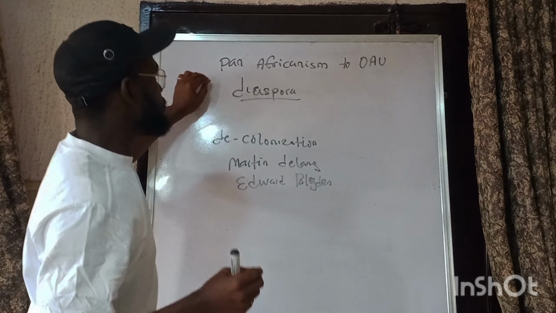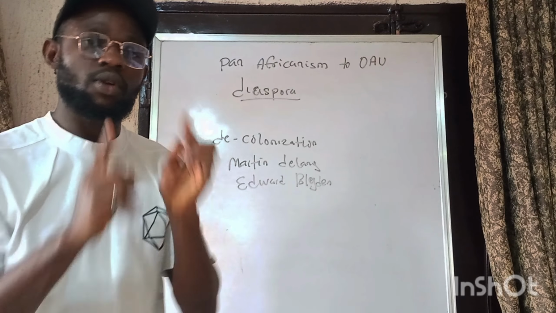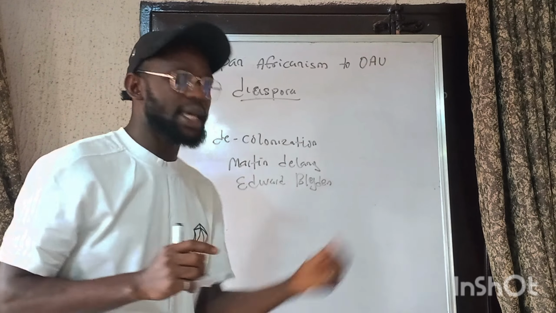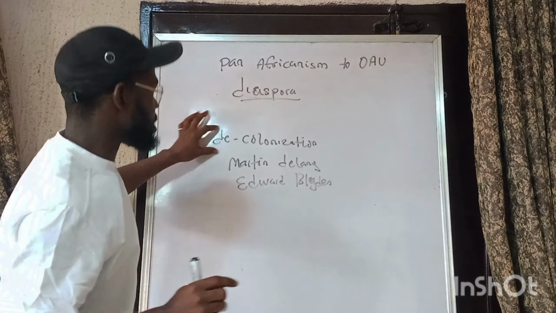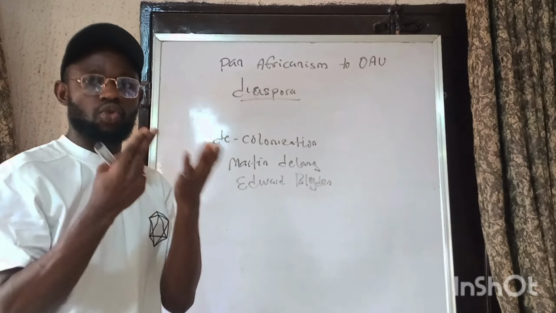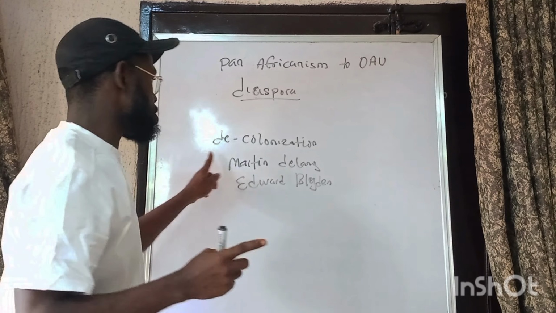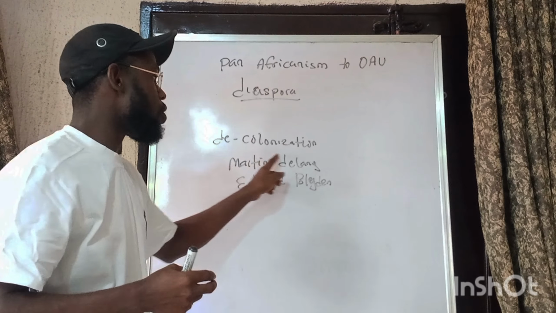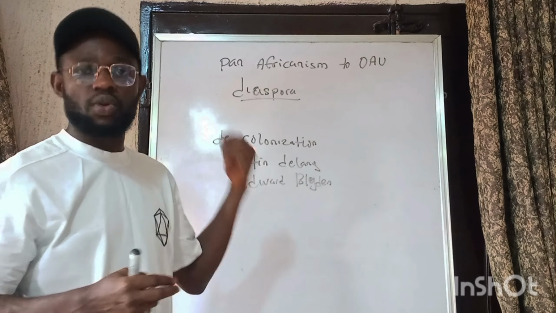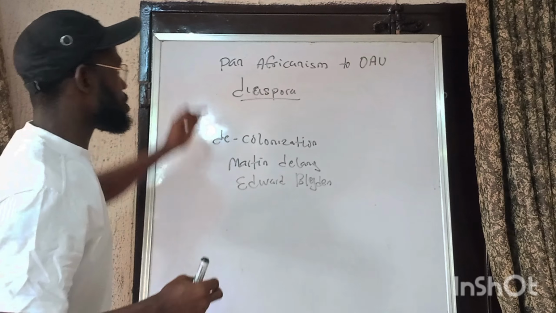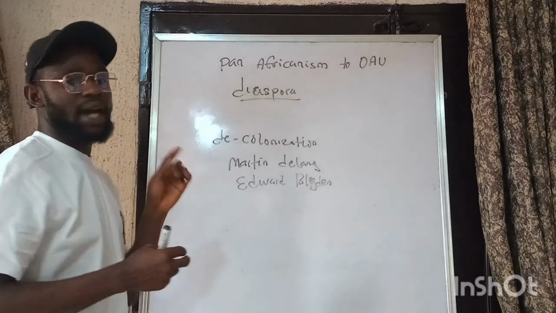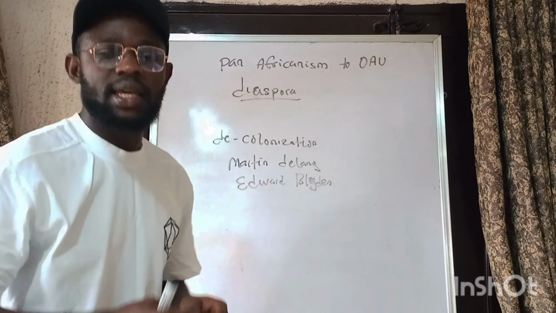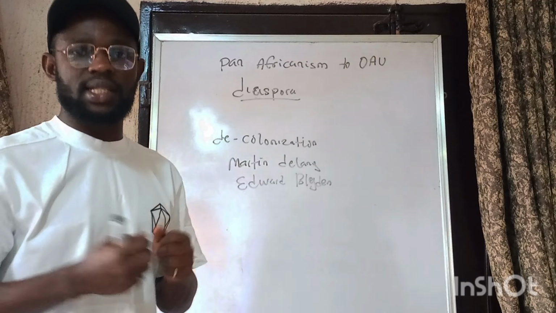The 2 reasons for this Pan-Africanism: 1, to bring independence or decolonization to Africa. And not just decolonization, we can still call it the struggle for independence or nationalism in Africa. But not just that, the other thing for this idea called Pan-Africanism is African unity.